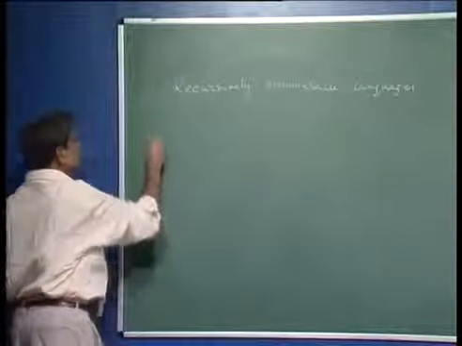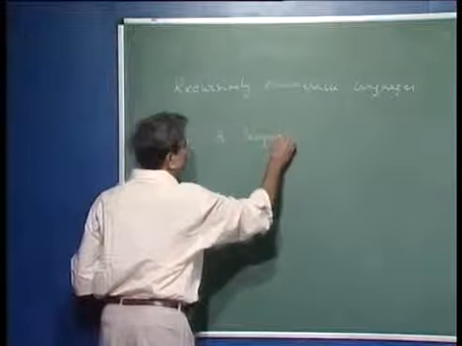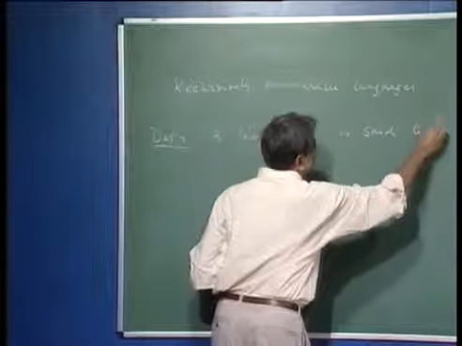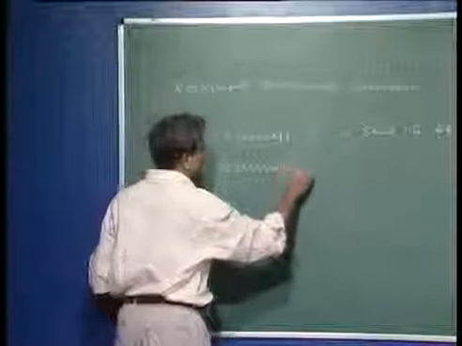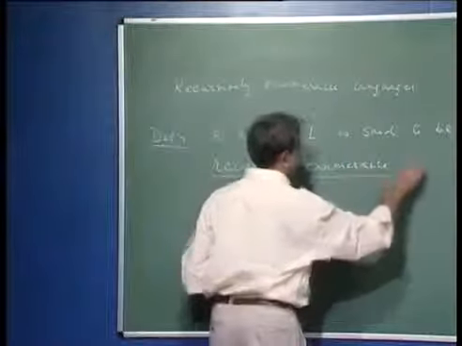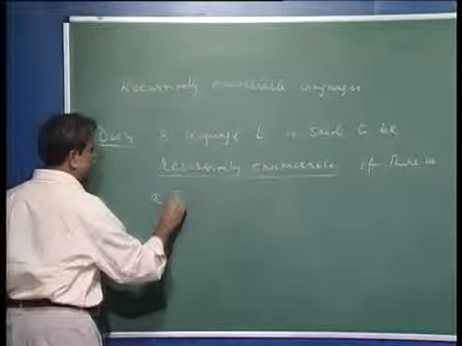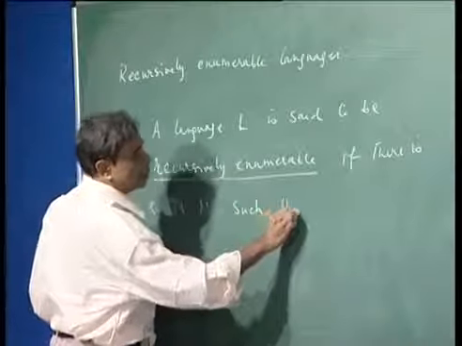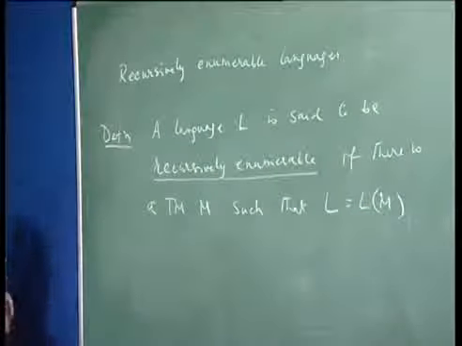So, this is a definition. A language L is said to be recursively enumerable if there is a Turing machine M such that this language L is the language accepted by the Turing machine M. Right.